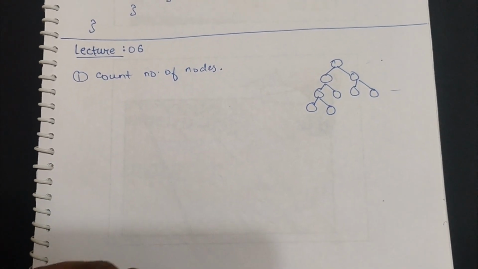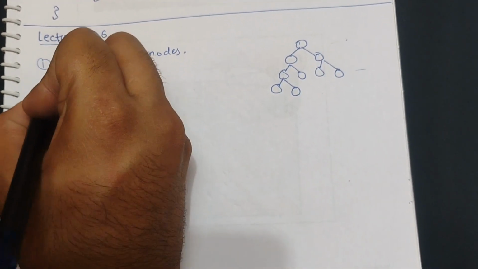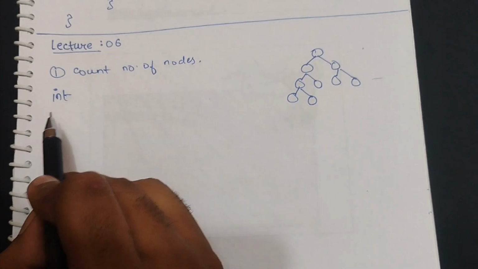Okay, so now I'll code this function for counting the number of nodes. The return type would be int, because I'll be returning the count of nodes.